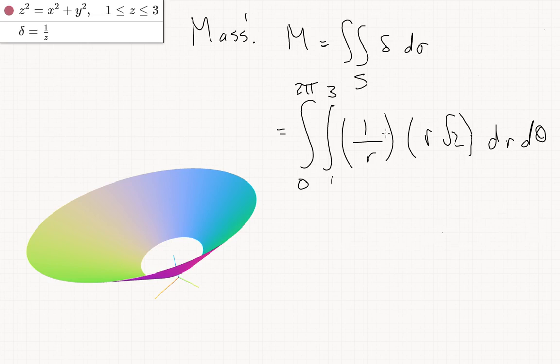So the r's cancel, and so we just have to multiply root 2 times 2 pi minus 0 times 3 minus 1, so this is 2 pi root 2 times 3 minus 1, so 4 pi root 2 is the mass. We record that.